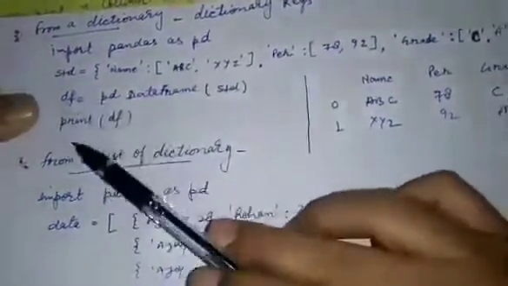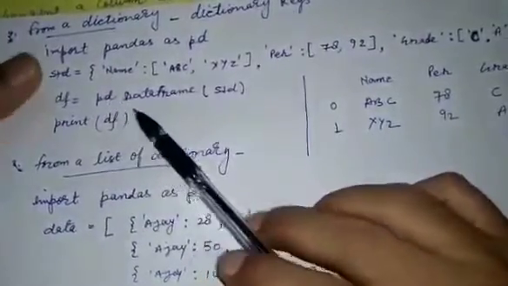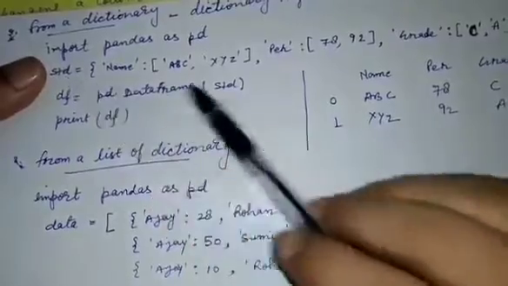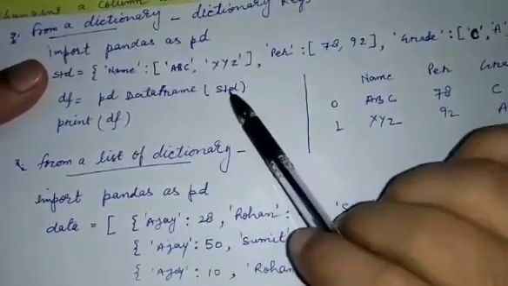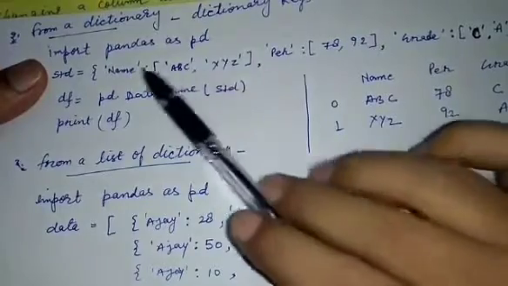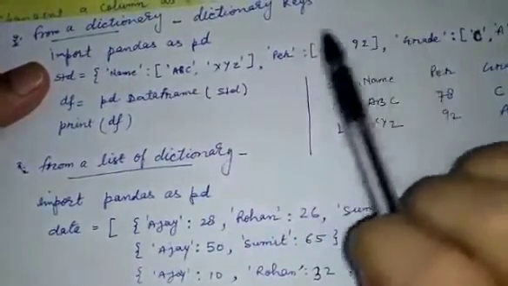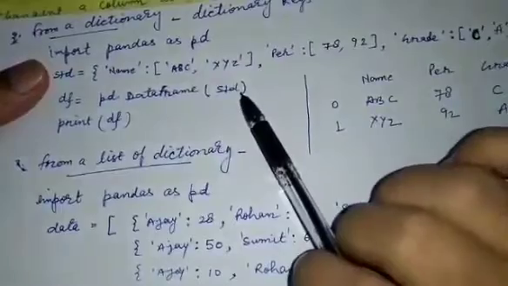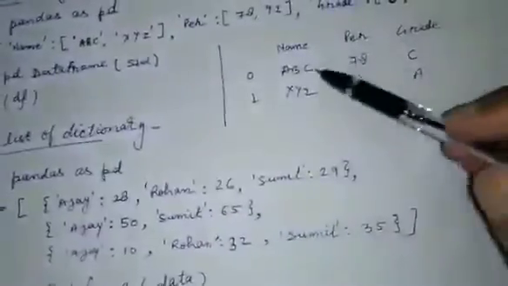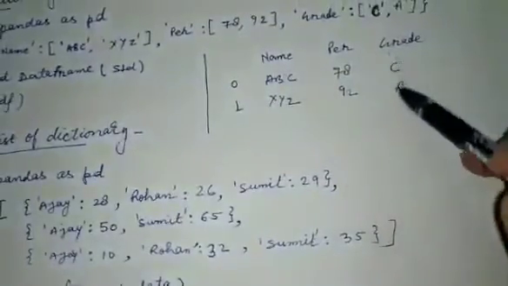Now df is equal to pd.DataFrame(std). Std means this dictionary. We have passed this dictionary to the data frame and we have not defined the columns because each key of the dictionary will automatically become the heading of the column. Now print this df, you will get the output like this.